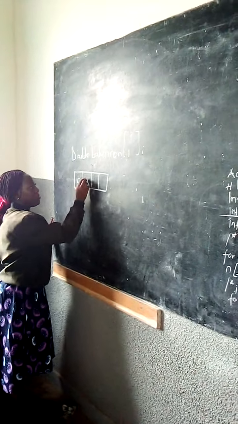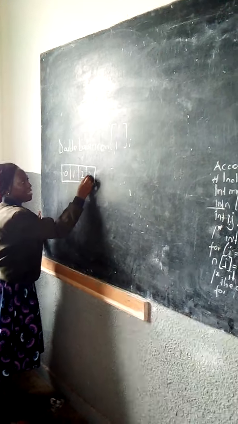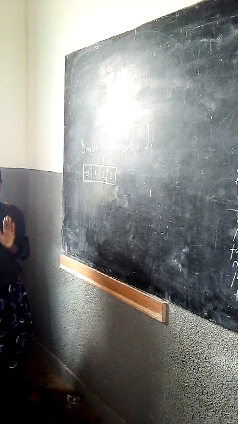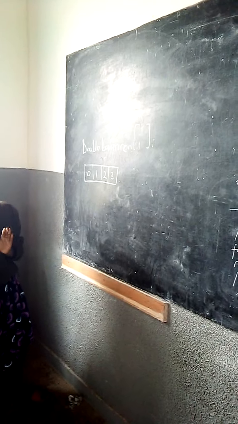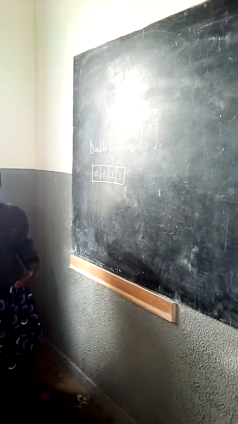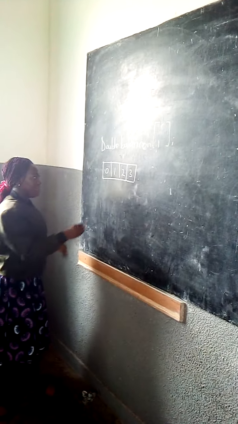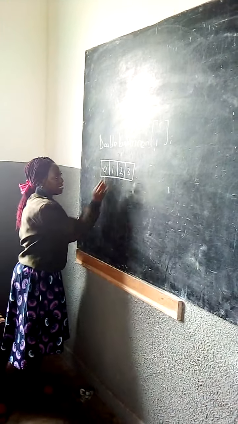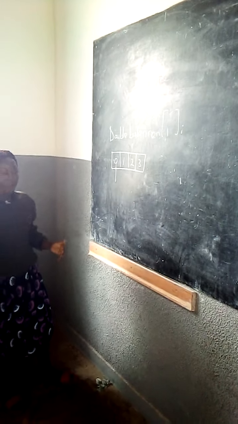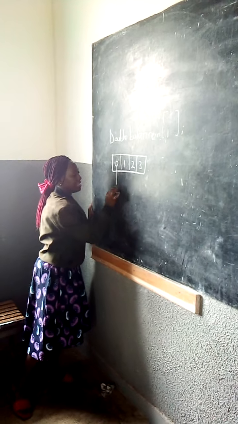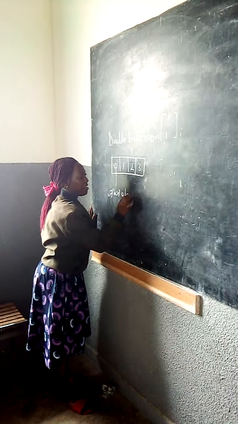For example, 0, 1, 2, and 3. Do you see all these numbers? We choose the lowest number, which corresponds to the first element. Here, our first number is 0, so our first element is 0.